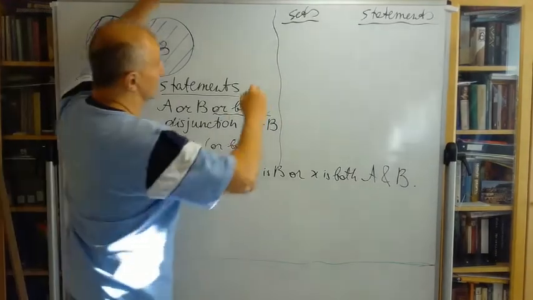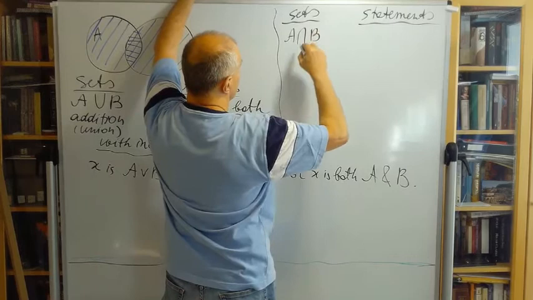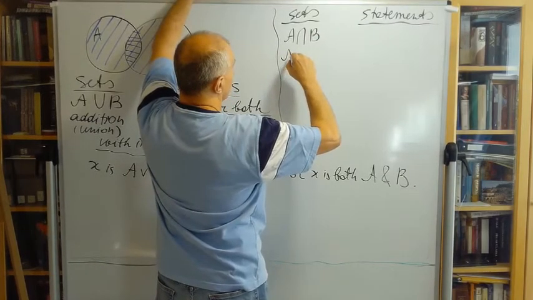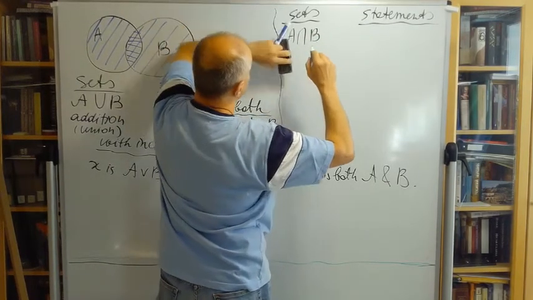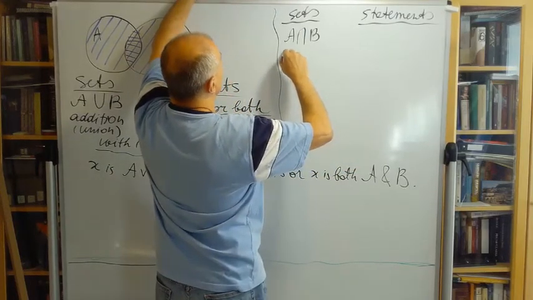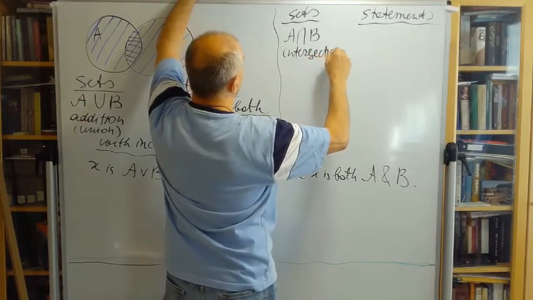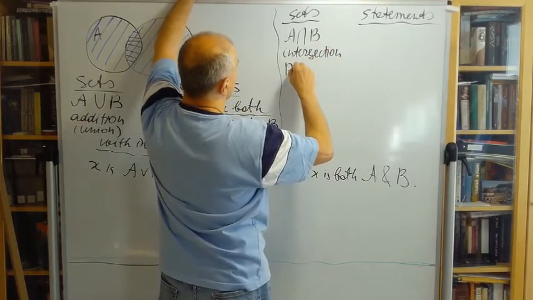This illustration is called intersection or product. A intersecting B. It's called intersection or product.